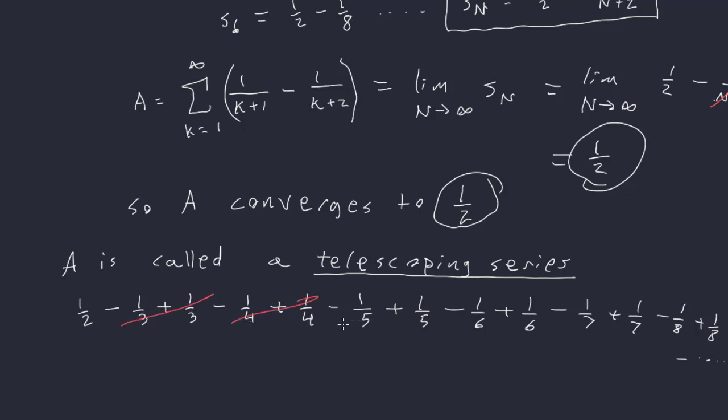So these terms just all cancel away. So you're essentially getting a bunch of zeros out. Okay, and this eventually goes to 1/2. It's telescoping because you can imagine that you add a value, subtract a value, add a value, subtract, and the things that you're adding and subtracting get smaller and smaller and smaller.